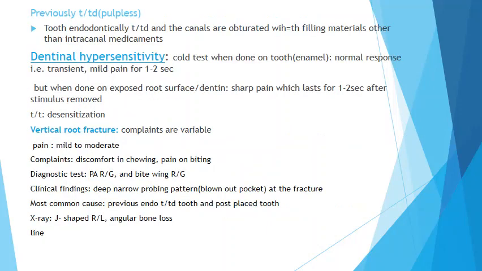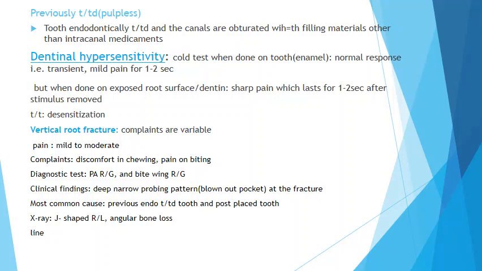Now moving on. We have something called previously treated or pulpless tooth. Whenever you have such an option, you have to take care that the tooth has been endodontically treated and the canals are obturated with filling materials other than intracanal medicaments.